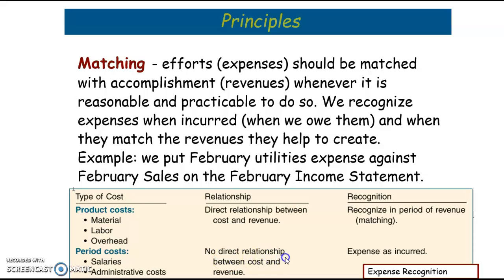So there's no direct relationship between that salary cost and the sales that we made in February. It doesn't exactly attach itself the way these do here. But we expense these, and we show these as an expense as they're incurred, as we get the bill. And that goes in there like that and is called a period cost or period expense.